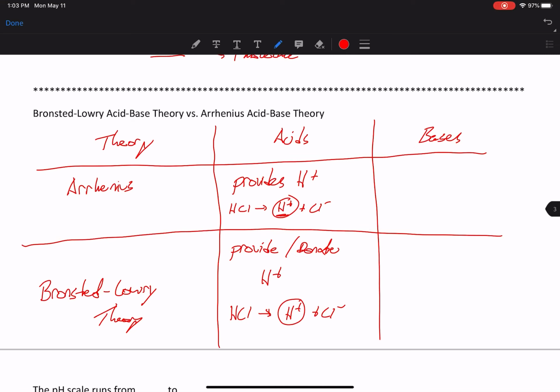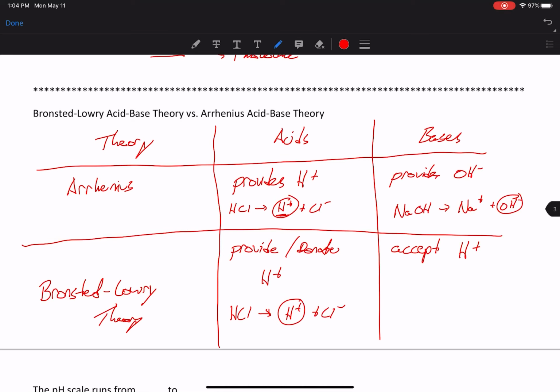All right, now for the bases, an Arrhenius base, and this is where the main difference is, provides OH- ions. So something like NaOH will break apart into Na+ and OH-. So these OH- ions tell you that you have an Arrhenius base. Bronsted-Lowry theory has a different definition of a base, and this says that bases accept H+ ions.